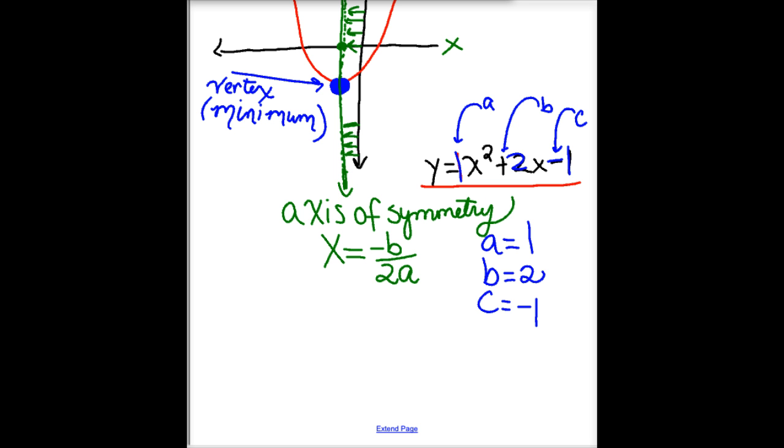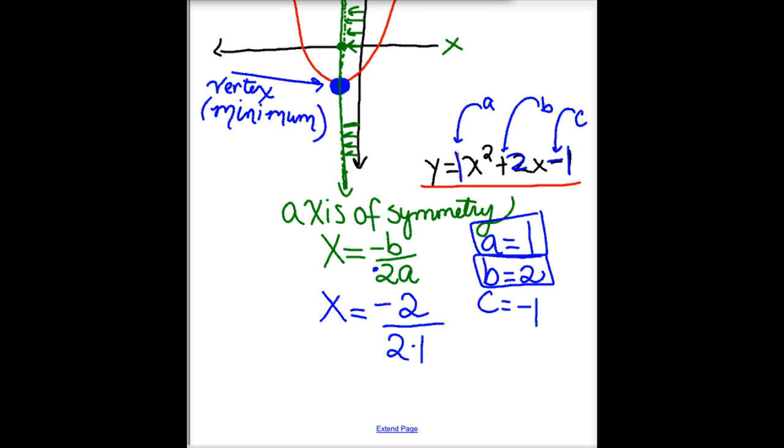So when I figure out where my axis of symmetry is, I do the opposite of b. So I do the opposite of 2 over 2 times a.